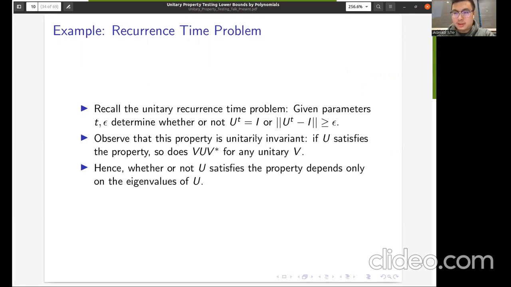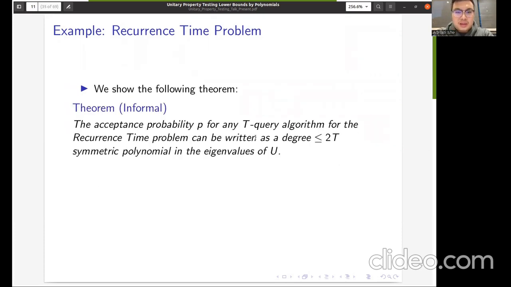So we exploit this symmetry to show that the acceptance probability for any t-query algorithm for the recurrence time problem is not only a polynomial in the matrix entries of U. In fact, it is a very special kind of polynomial. It can be written as a degree at most 2t polynomial in the eigenvalues of U that is also a symmetric polynomial.